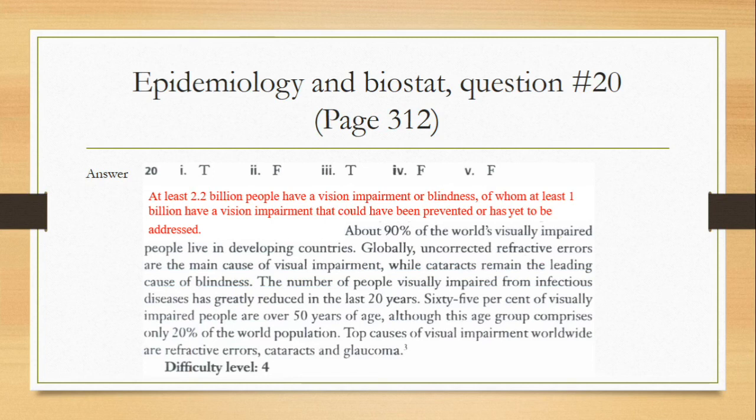They are not accurate anymore. And also, this book says that 65% of visually impaired people are over 50 years of age. This number is not accurate anymore. It should be 80 instead of 65. And it's also in the PDF called World Report on Vision.